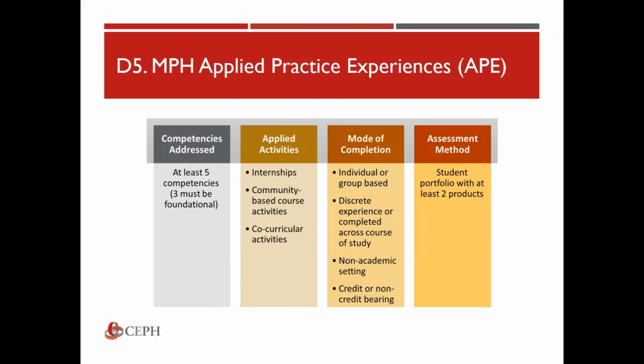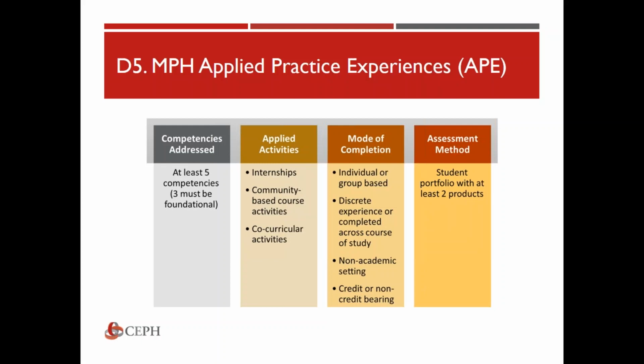We've shifted that focus a little bit and called them applied practice experiences, with the idea that they could either be in the older model of an internship, which is a wonderful way to get some applied practice experience, but it could also be, and we hope it will be in the future, spread throughout the curriculum. So that students are getting, rather than one experience just at the end of the program, a lot more integration with public health practice throughout the curriculum.